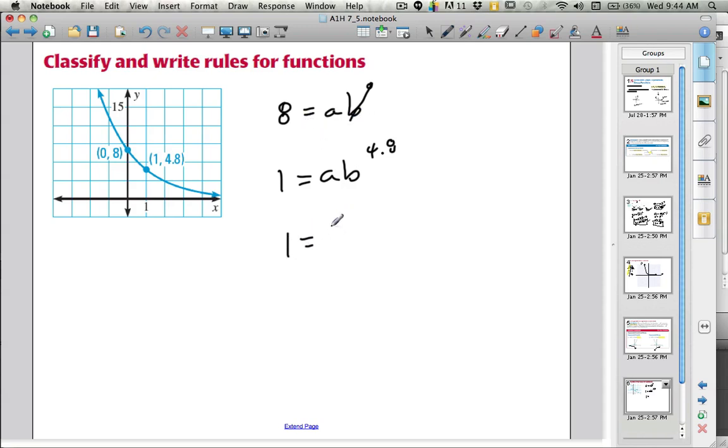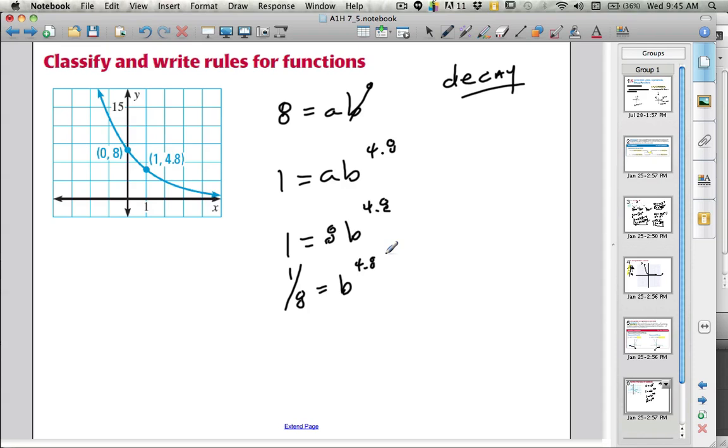So 1 is equal to 8 times b to the 4.8, right? I've already classified this as a decay function, right? If I divide by 8, 1/8 is equal to b to the 4.8. So I know that some number to the 4.8 power is going to become 1/8.